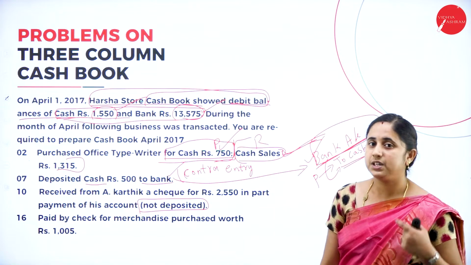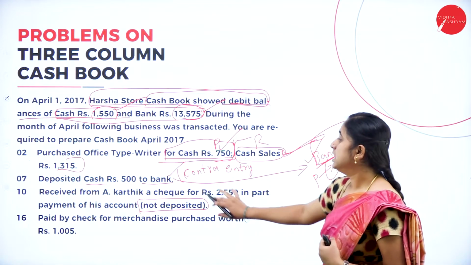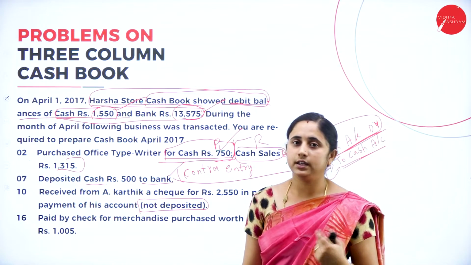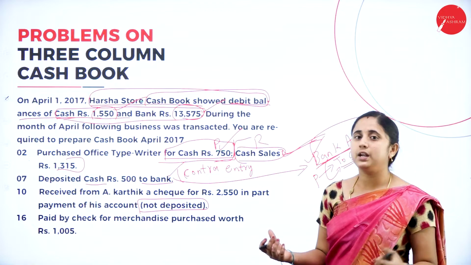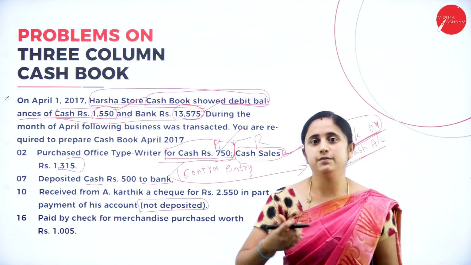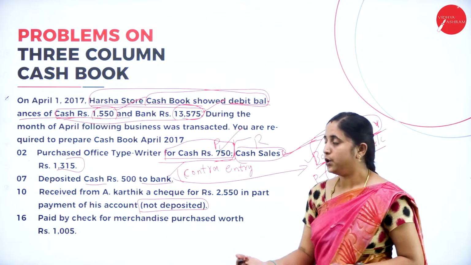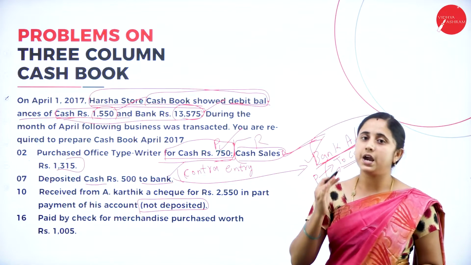Not deposited means you receive it and keep it with you. For this transaction, the check received from Karthik is considered equal to cash received, because you can immediately deposit it in the bank and withdraw the money.